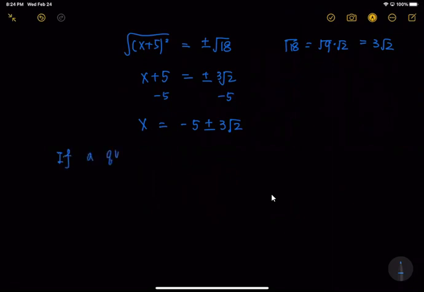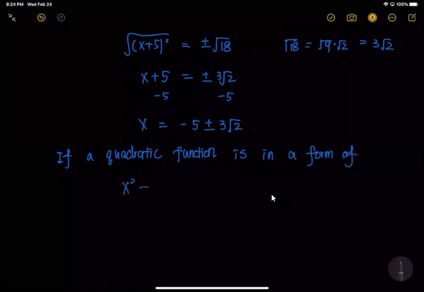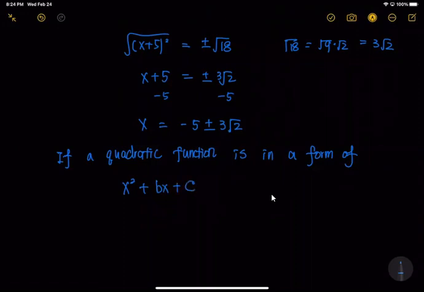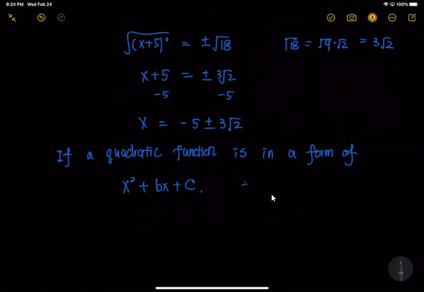If a quadratic function is in the form of x squared plus bx plus c, we can complete the perfect square by adding b over 2 squared and then subtracting b over 2 squared to the equation.